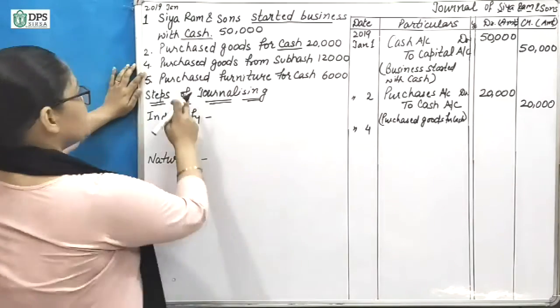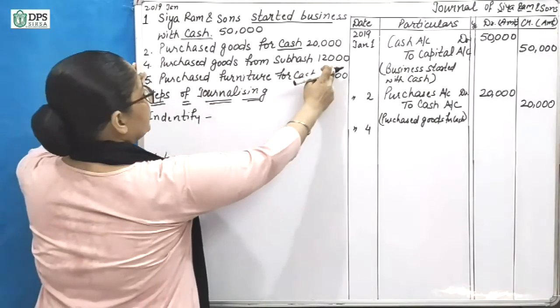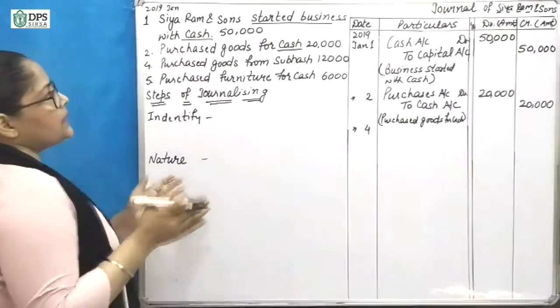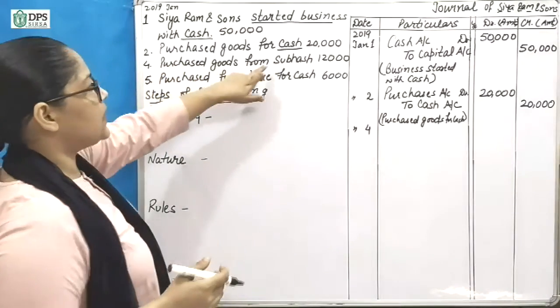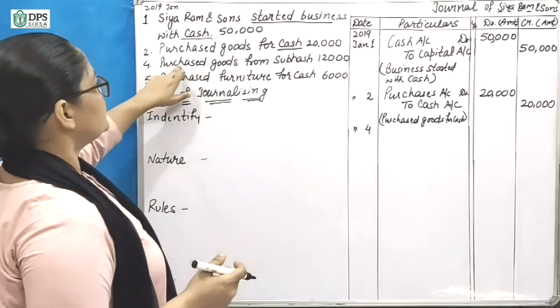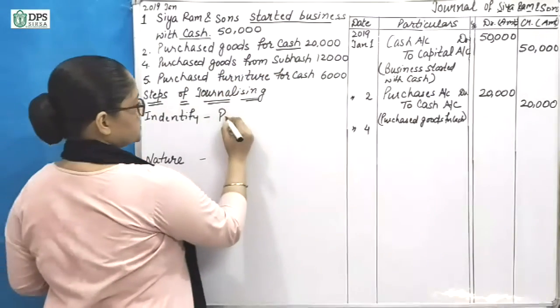So the entry is purchase goods from Subhash, 12,000. So in my last video I have told you that here, purchase goods from Subhash. So we are purchasing goods.